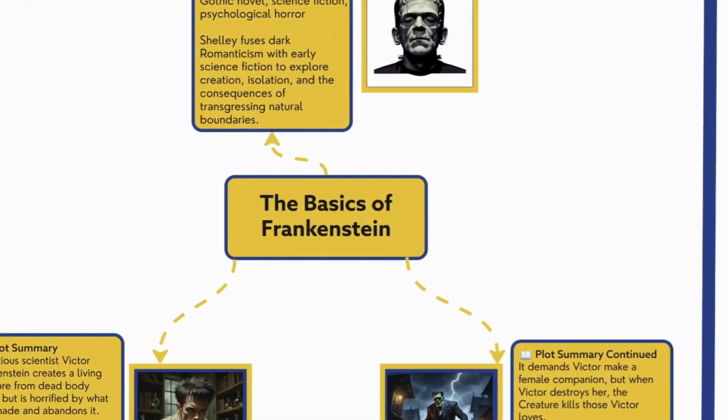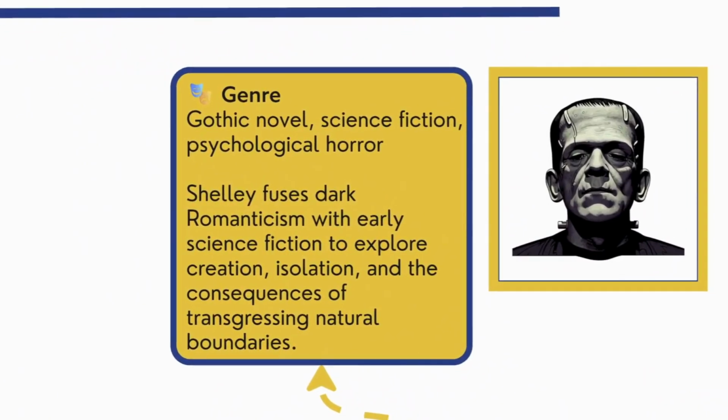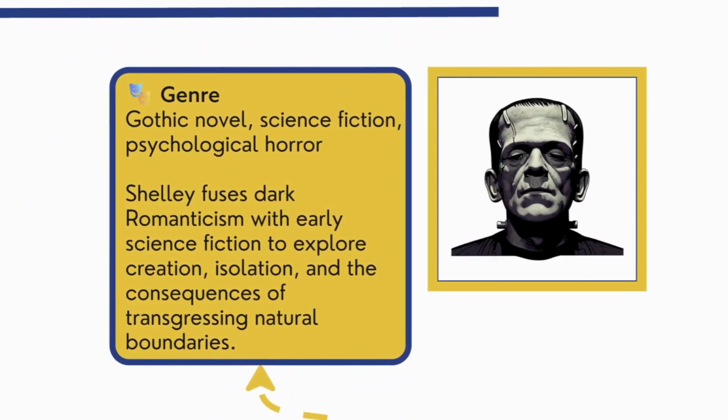So first off then, if we tackle the genre, this is very much a Gothic novel, as the image kind of intimates. It blends together science fiction and psychological horror. This is a real meaty novel in that sense.